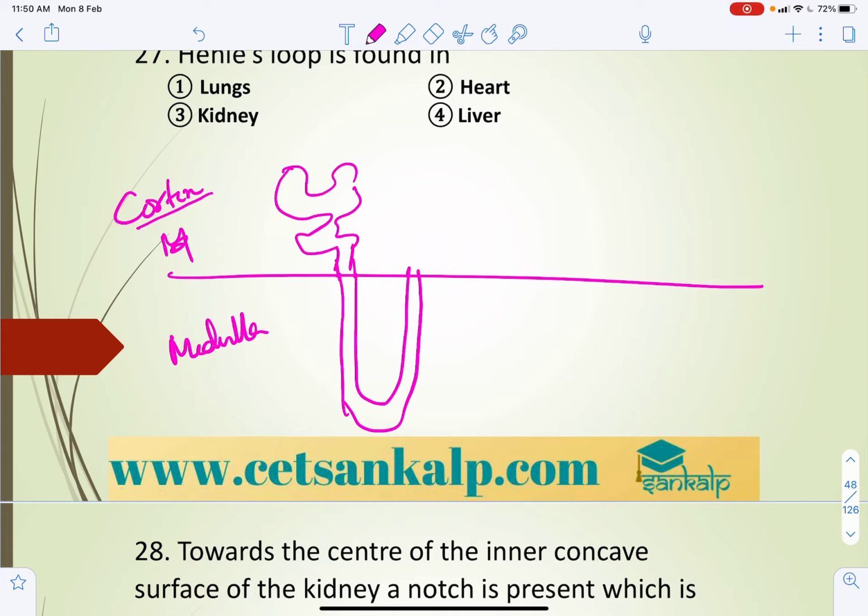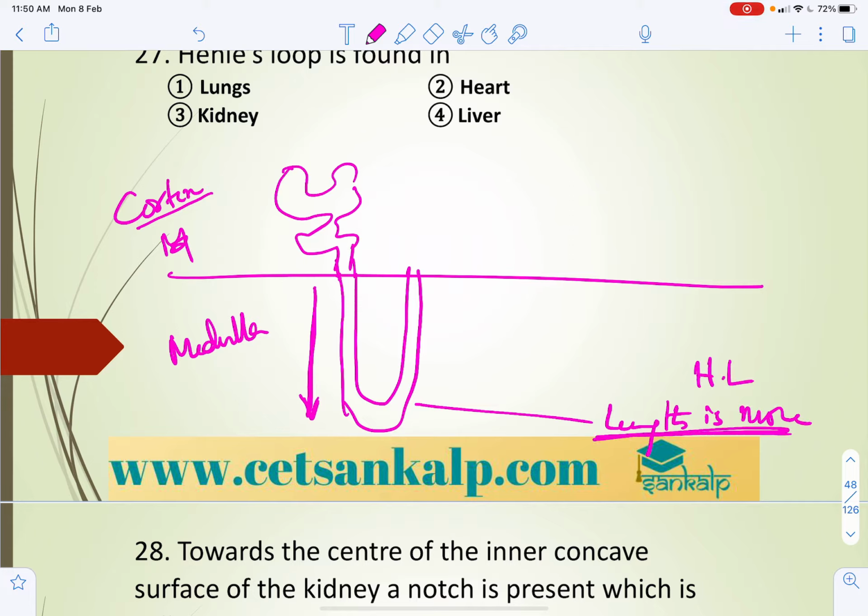And if the length of the endless loop is more, then more water reabsorption takes place. If more water is reabsorbed, then more concentrated urine, highly concentrated urine, can be eliminated.